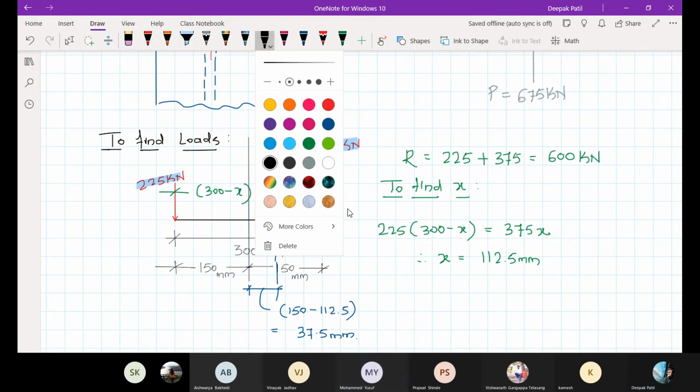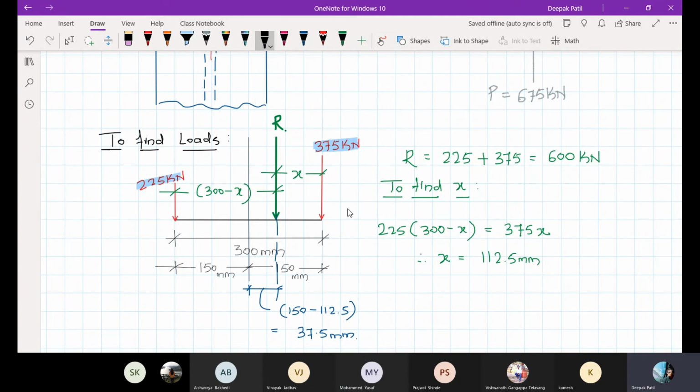No, I will tell you. Now this resultant is 600 kilonewtons. You know that. It means it is also like an axial compressive load which is being applied on the column. Your column is actually like this.